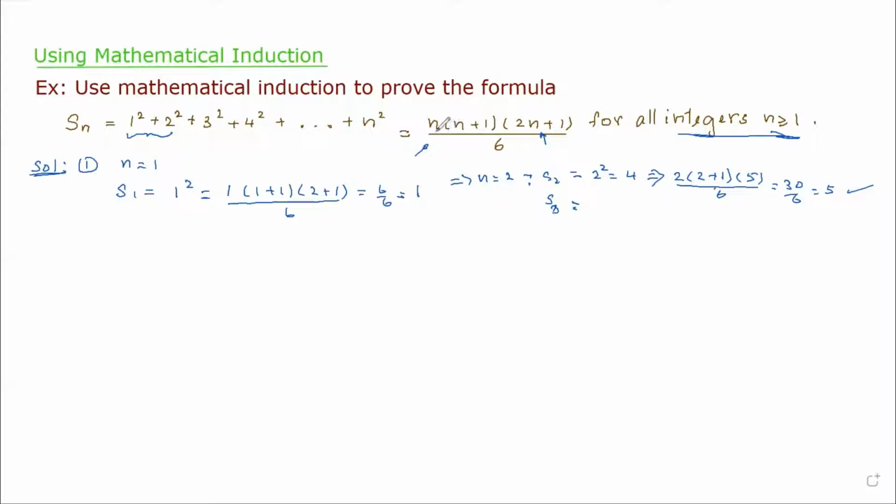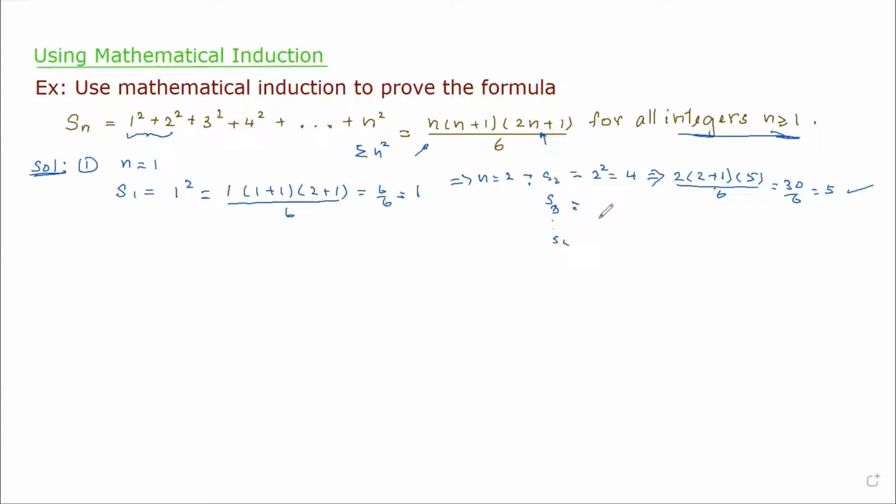Then you see when you sum it up to Sn, it equals 1 square plus 2 square plus 3 square and so on to n square. This is actually the sigma of n square.